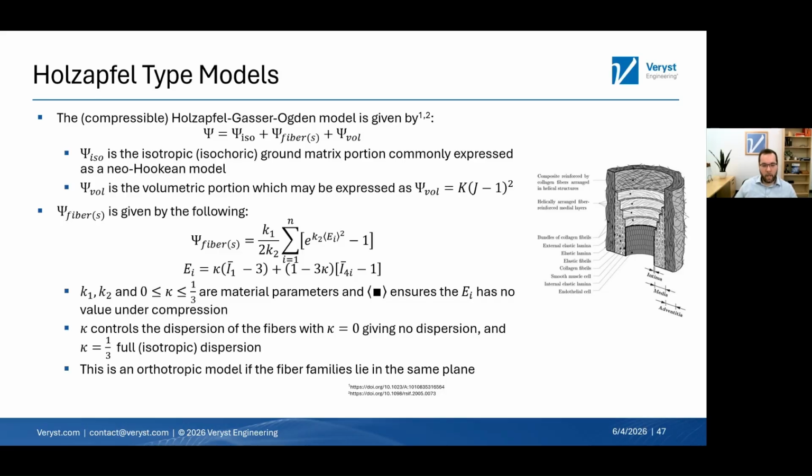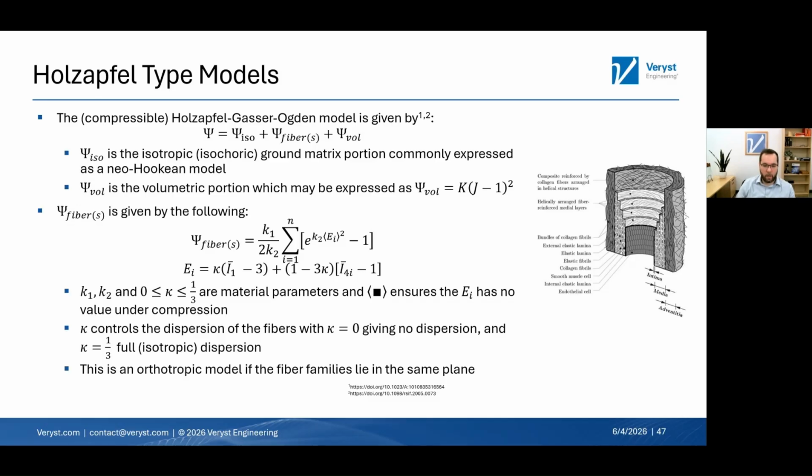The fiber term has three main parameters. There's your K1, which is like a stiffness-like variable. And then there's K2, which is kind of like a scaling variable. That multiplies basically to your fiber contributions.